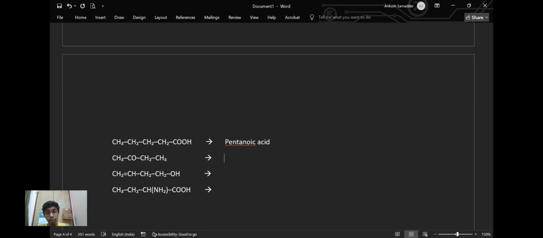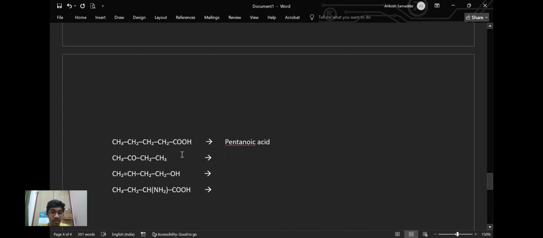So from which side should you count? From this side or from this side? From right to left, or from left to right? From which side should you count? So let me tell you a really simple way to do this.